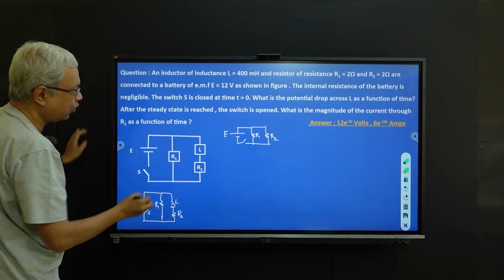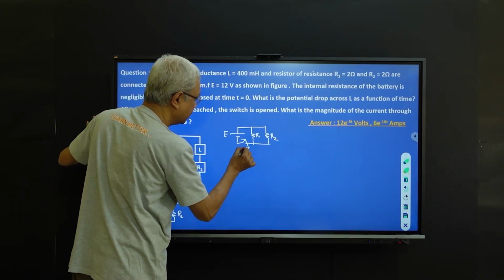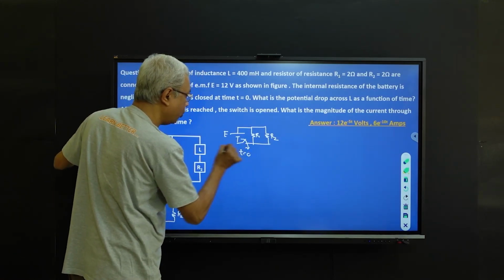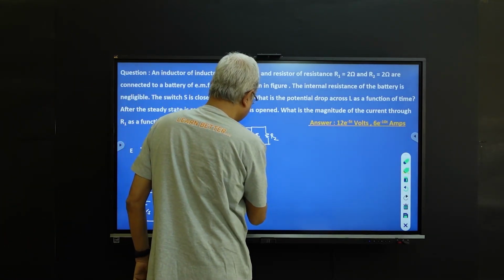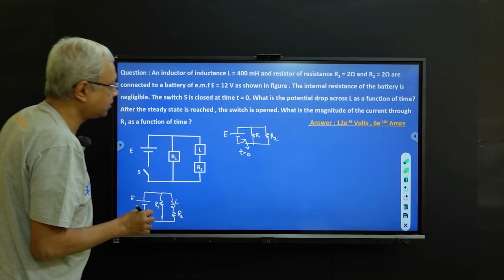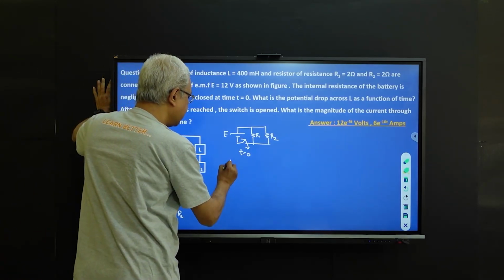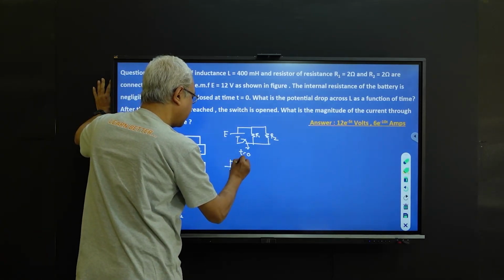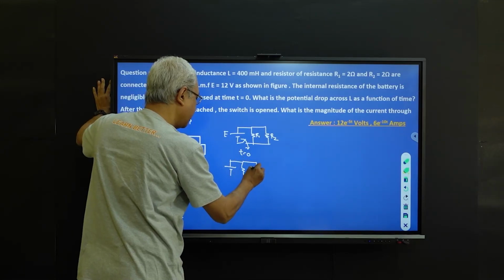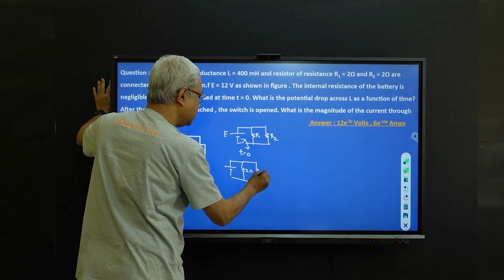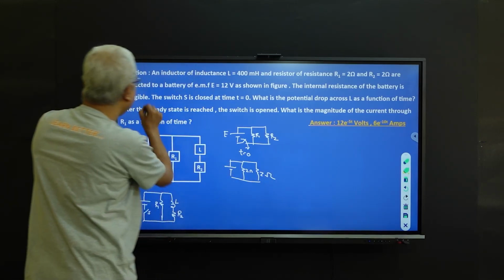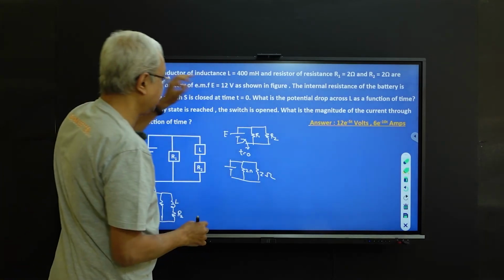When the switch is closed at time t equal to 0, the moment the switch is put on, I call that time stamp t equal to 0, the circuit looks like this immediately. Both are 2 ohm, this is also 2 ohm, and this is a 12 volt battery.